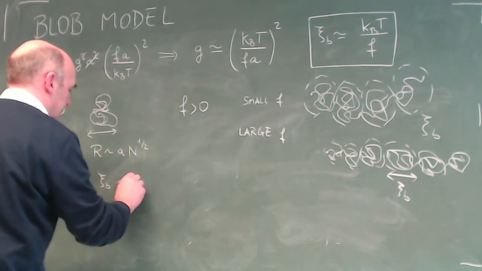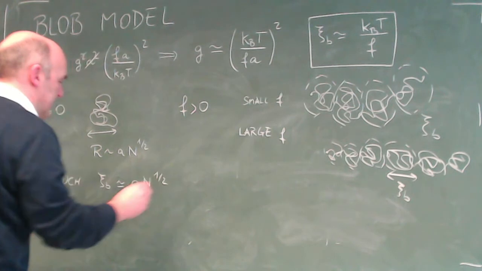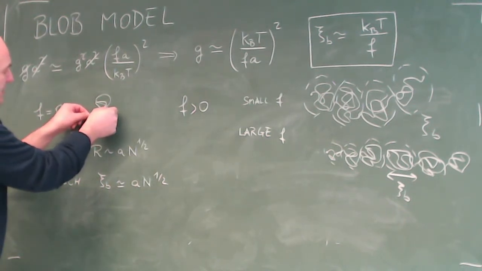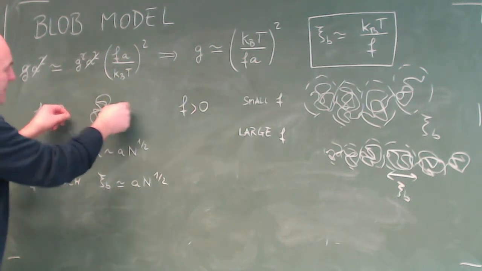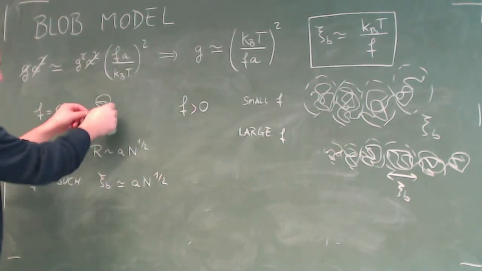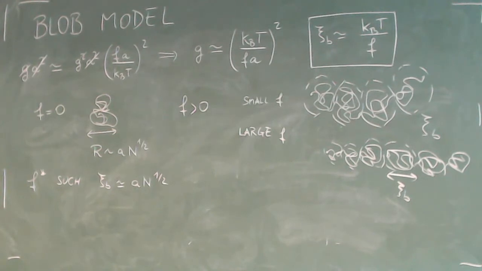Now this is a small force, such that I start from an ideal polymer, I start stretching it a little bit, but not such that I really see a manifestation of the stretching, such that my two endpoints remain within the ideal polymer radius.